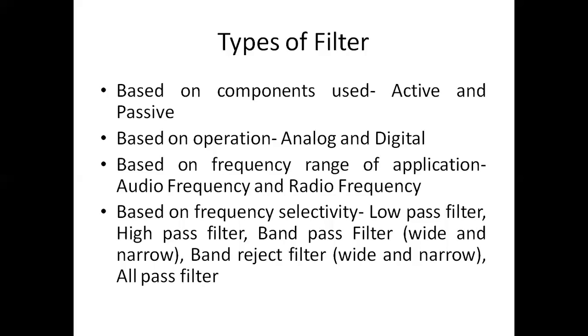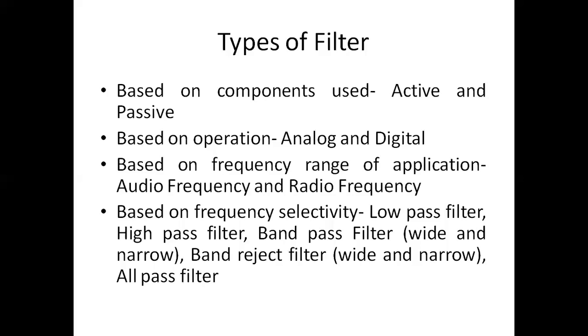The filters used for low frequency in the audio frequency range are audio frequency filters, and those for higher frequency range are radio frequency filters. Usually, radio frequency filters should have components which can withstand higher frequencies, so usually we go for inductors in the filter circuit.